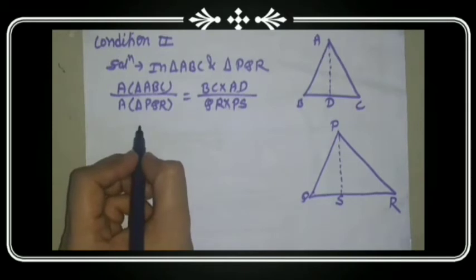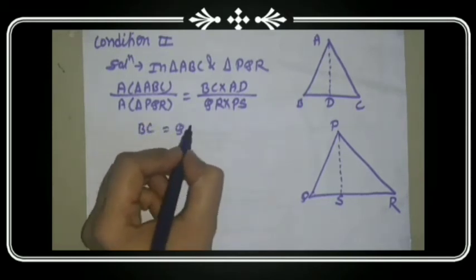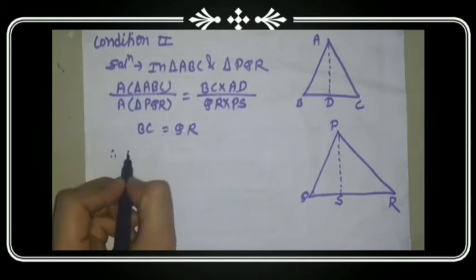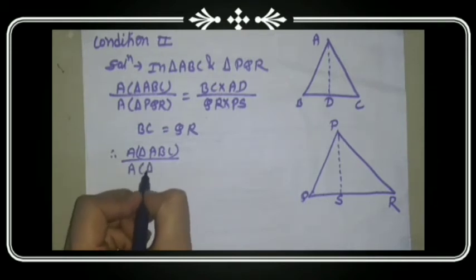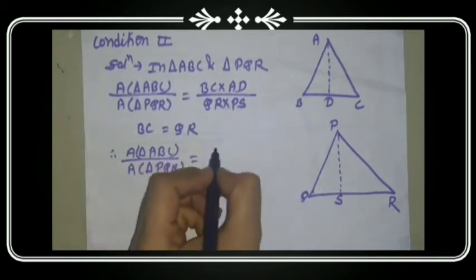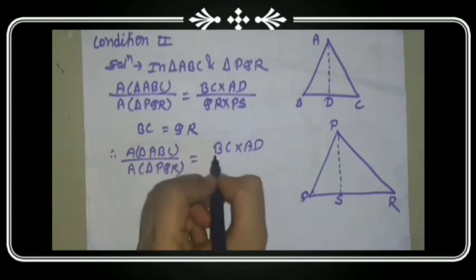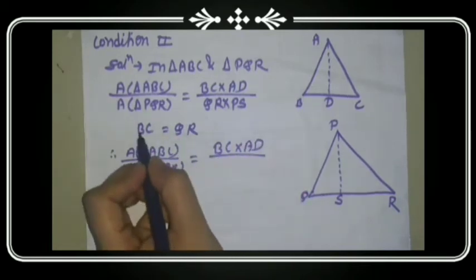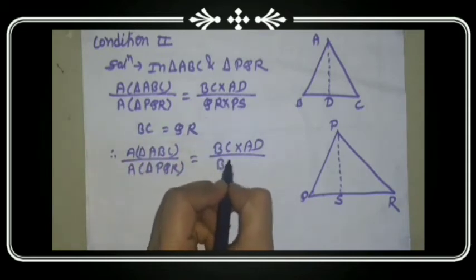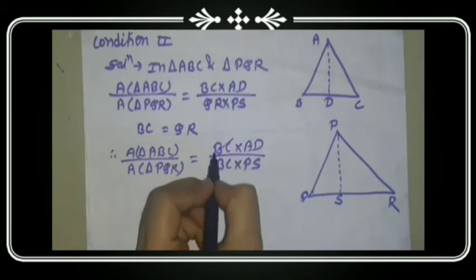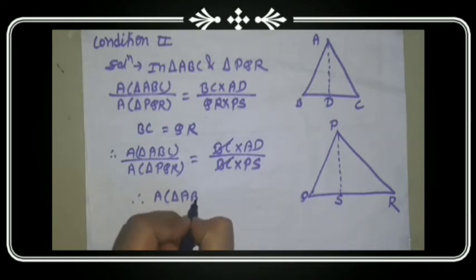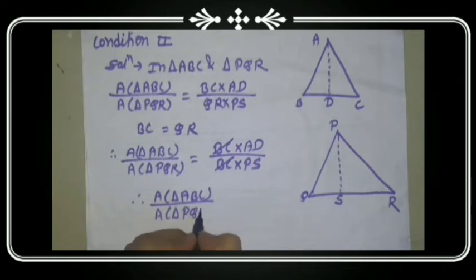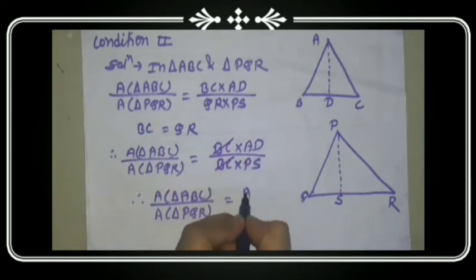According to the condition BC equal to QR, therefore area of triangle ABC divided by area of triangle PQR equal to BC into AD divided by QR equal to BC means BC into PS. BC cancel. Therefore, area of triangle ABC divided by area of triangle PQR equal to AD divided by PS.